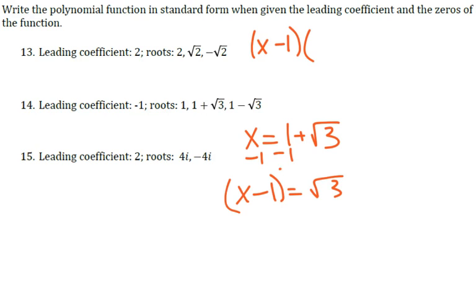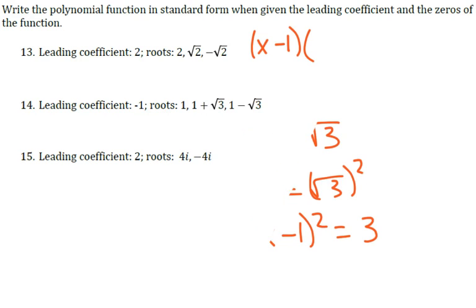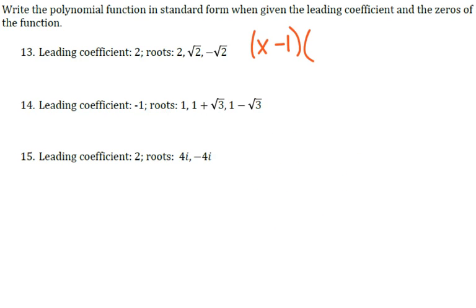If we square it, we end up with x minus 1 squared equals 3. Okay, thought that would be more helpful to try to simplify it, but it's not. So we could just go x plus 1 plus square root of 3 times x plus 1 minus square root of 3. So we've got a trinomial essentially right there.